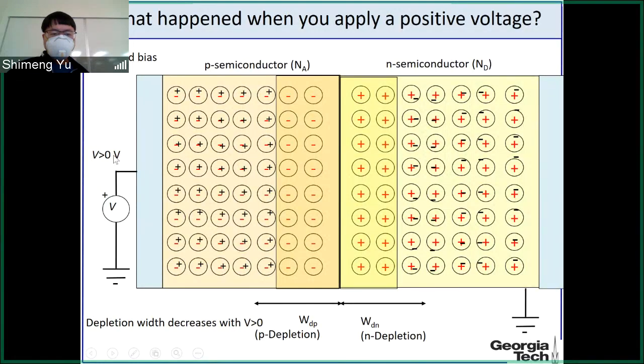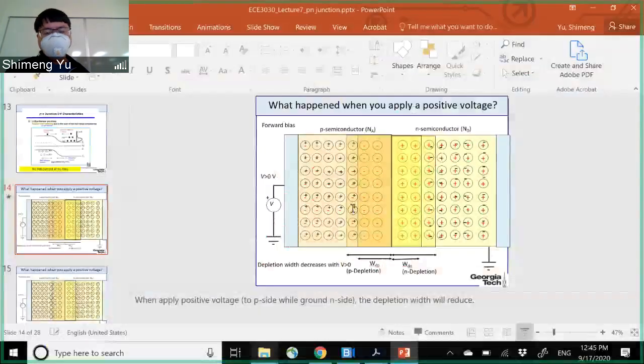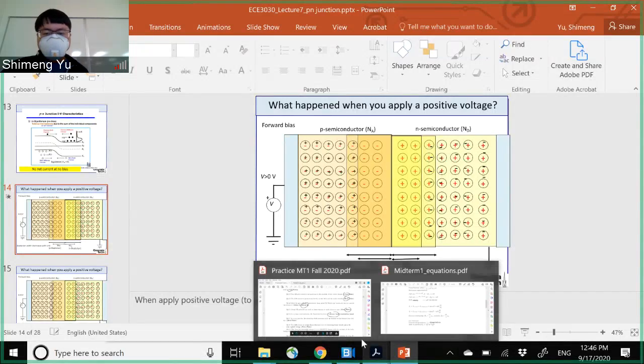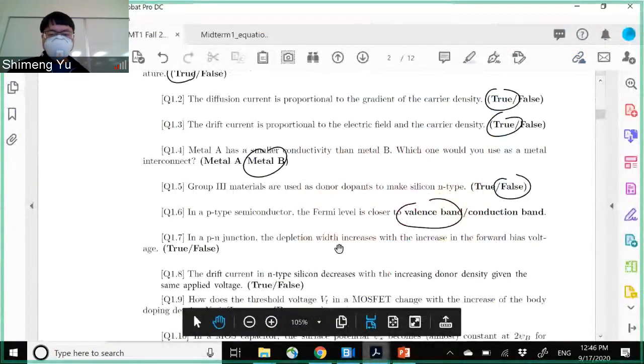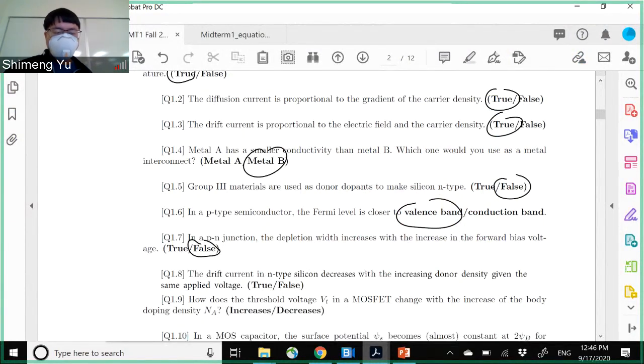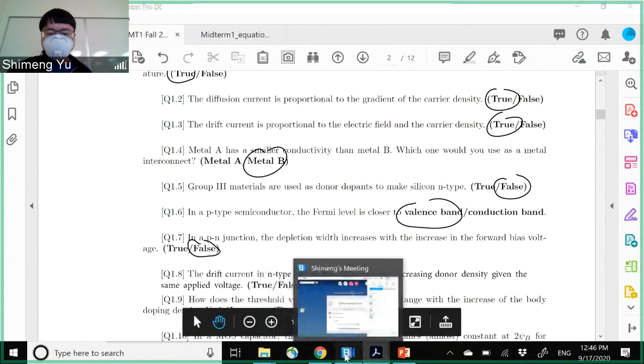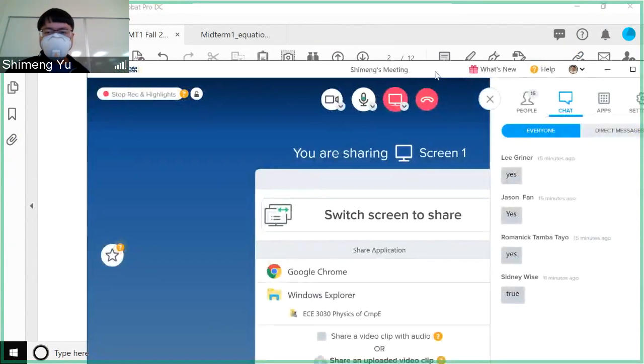Because you are going to inject the holes from the positive terminal and then extract the electrons, inject the electrons from the negative terminal. So effectively, the depletion width will be reduced in forward bias. Okay. If you play the animation, then you will find out this one. So here will decrease, right? So then this is wrong. Any questions so far?